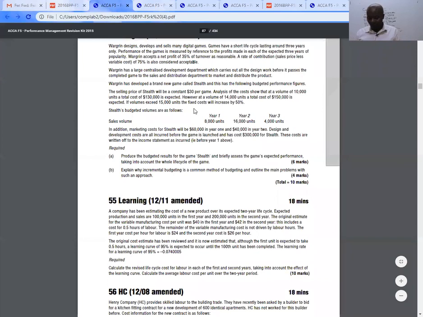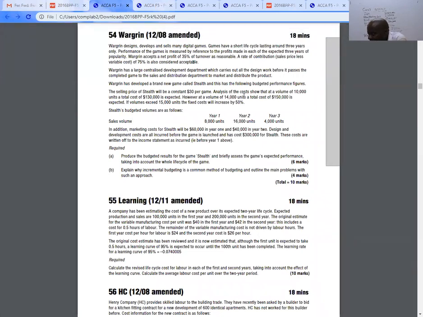Now, here the catchword is just one. They have told us the selling price will be constant at $30 per unit. Analysis of the cost shows that at a volume of 10,000 units, total cost will be 130,000. Please underscore the words total cost.